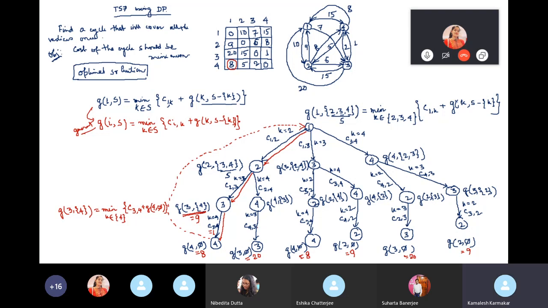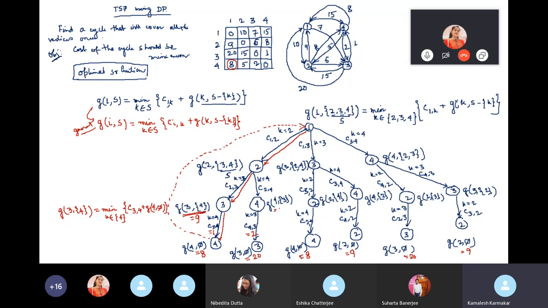Similarly, from this recursive call, C43. What is the value of this C43? From the matrix, C43 equals 2. If this value is 2 and G35 equals 20, then what will be the value of this G43?